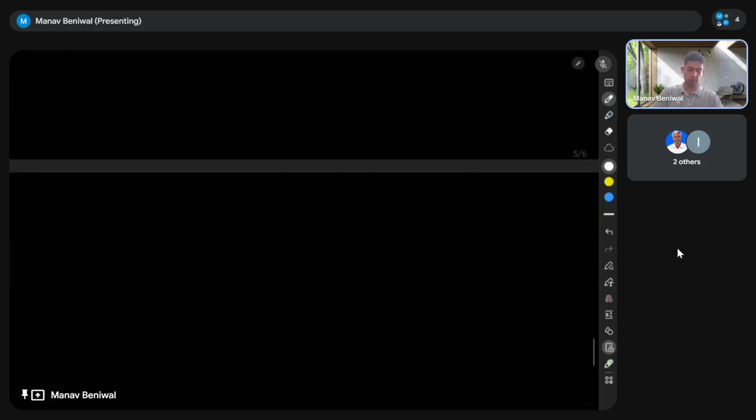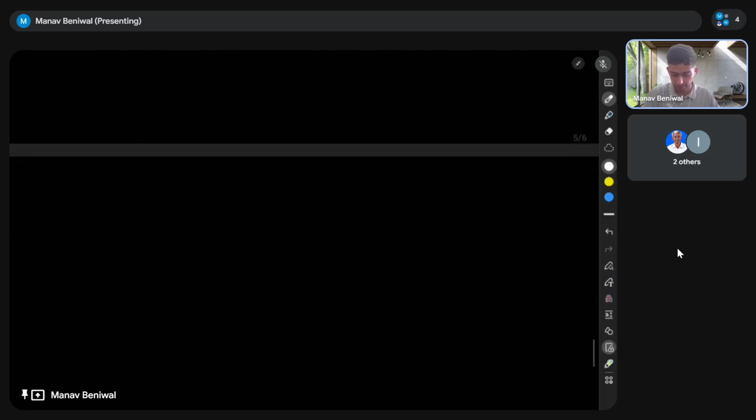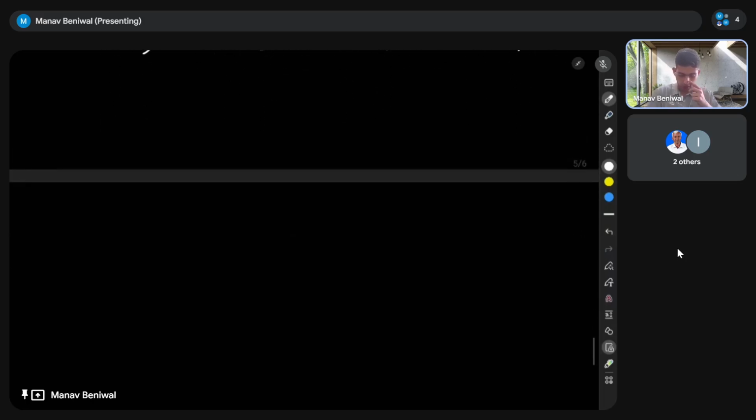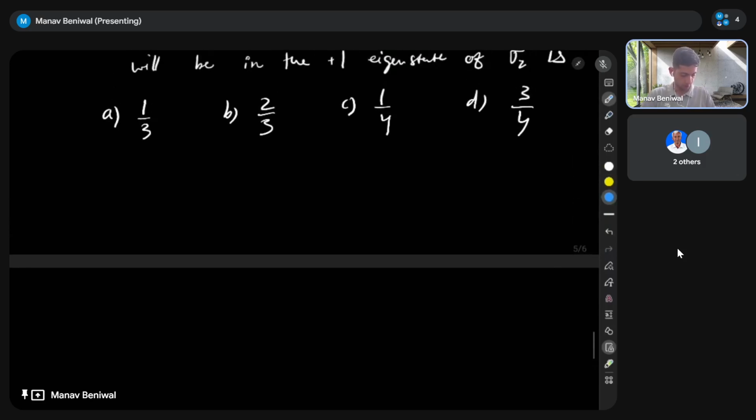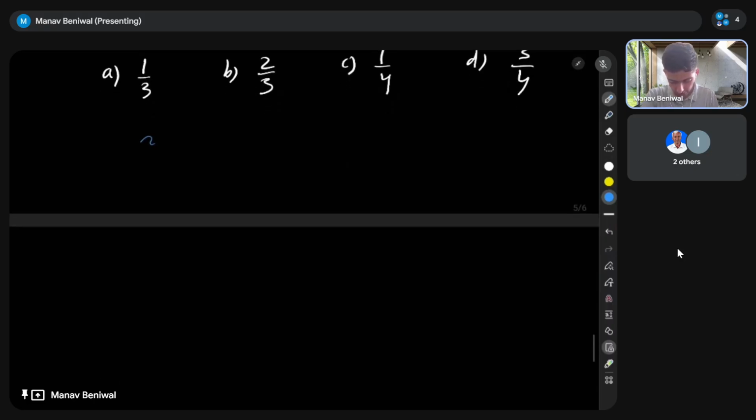We now need to find this out. Initially, we can define our wave function to be simply (1, 0), right? Because if we operate with sigma z, we get eigenvalue 1.